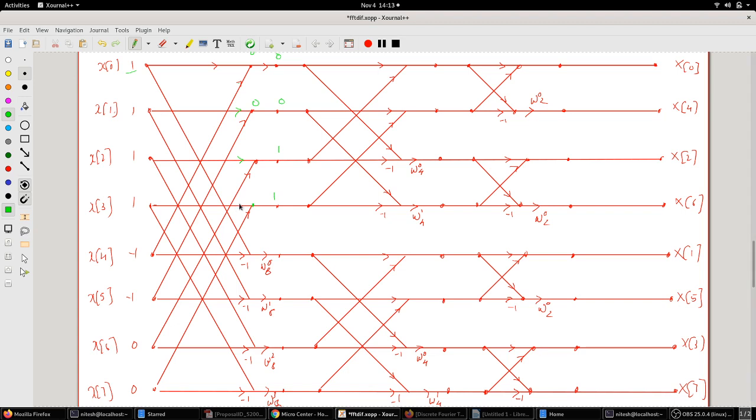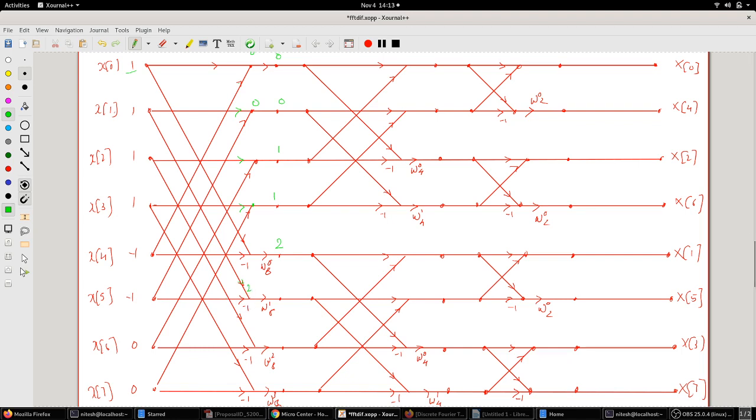And here, these are coming in from this part and getting subtracted. So 1 is coming from this place, 1 minus of minus 1 is 2. This one is 1 minus of minus 1, 2.